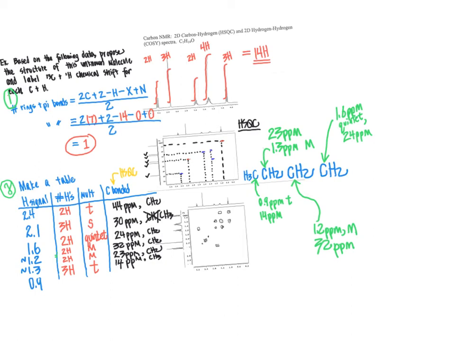So at 2.4, we saw a 2 hydrogen triplet, so CH2, and it integrated to 2, so hence CH2. It was at 2.4 ppm, and it was a triplet. And it has a carbon chemical shift of 44 ppm.